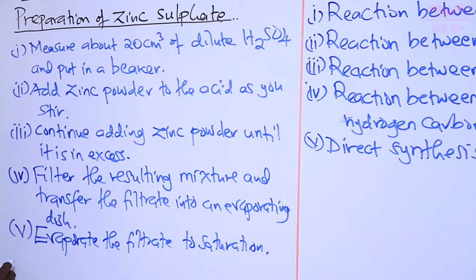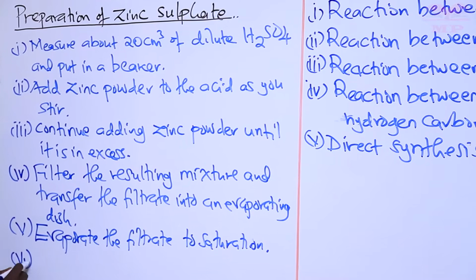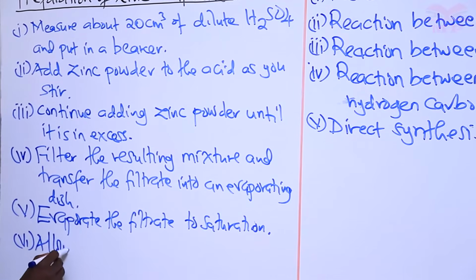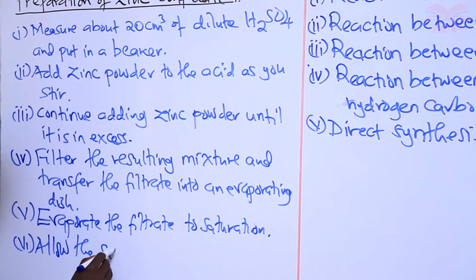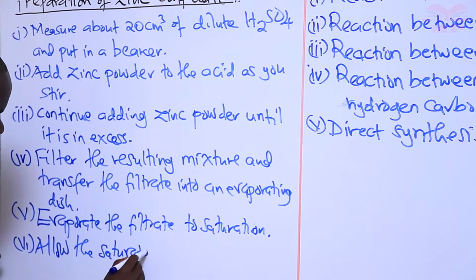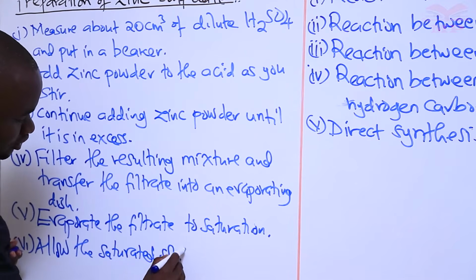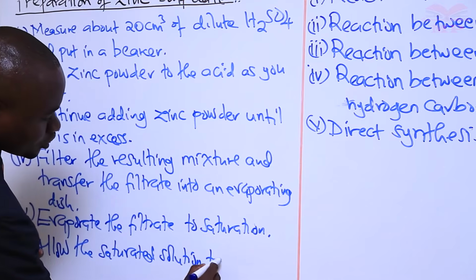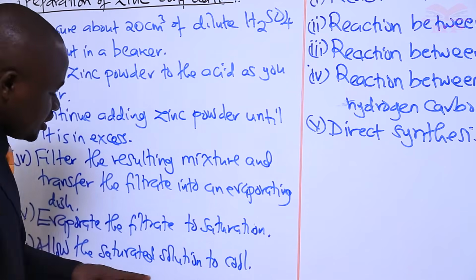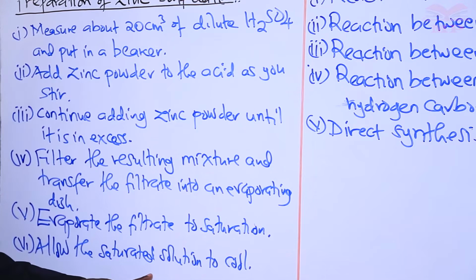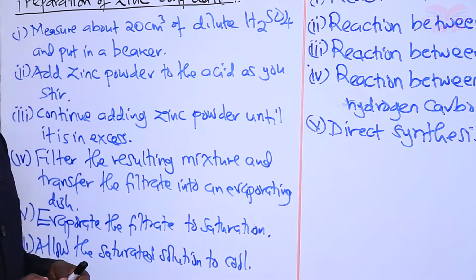So that is our sixth point, allow the saturated solution to cool. We have said this solution is said to be saturated simply because it's now ready to form crystals.